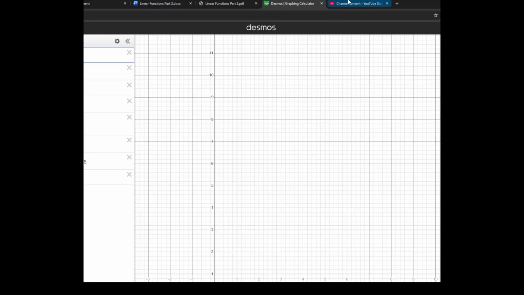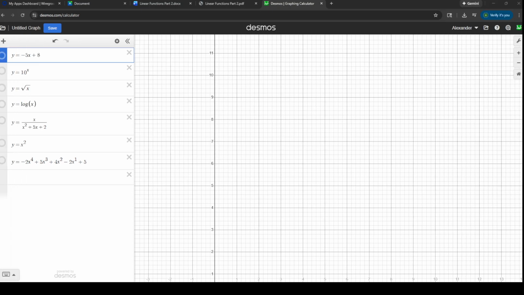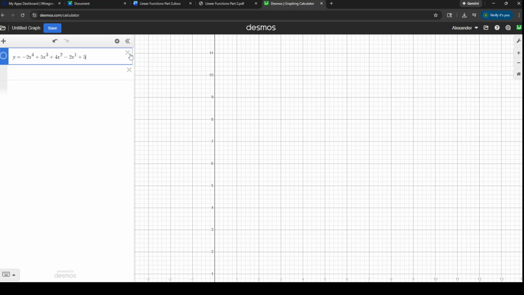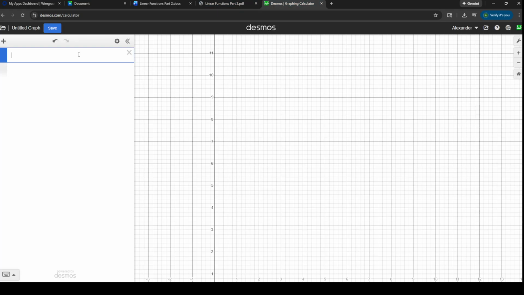Now let's look at Desmos. So if we go to Desmos, get this in here. This is from a previous video. Let us plot these equations. So y equals -3x minus 1.